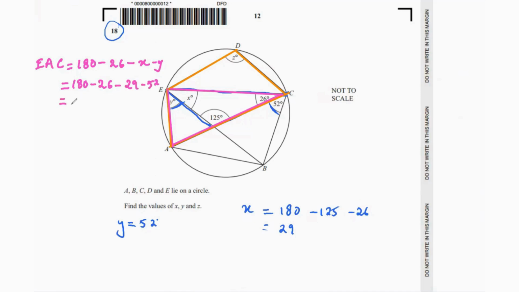So that gives us 73 degrees. So now in a cyclic quadrilateral, opposite angles add up to 180. So Z equals 180 minus 73, and that's going to be 107. So 107 degrees is your value of Z.